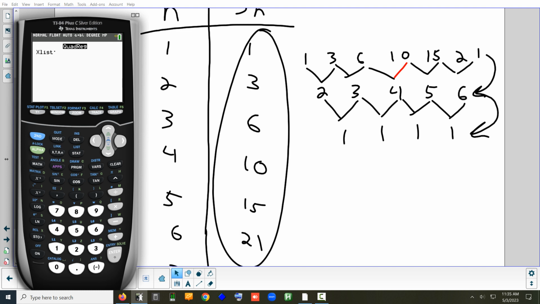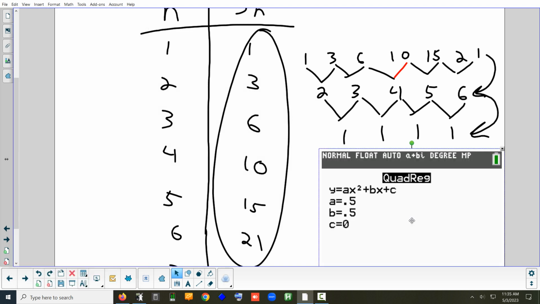And so let's have it look for a pattern and see what it tells me. Okay. It gives me this. It says the formula is 1/2 x squared plus 1/2 x.